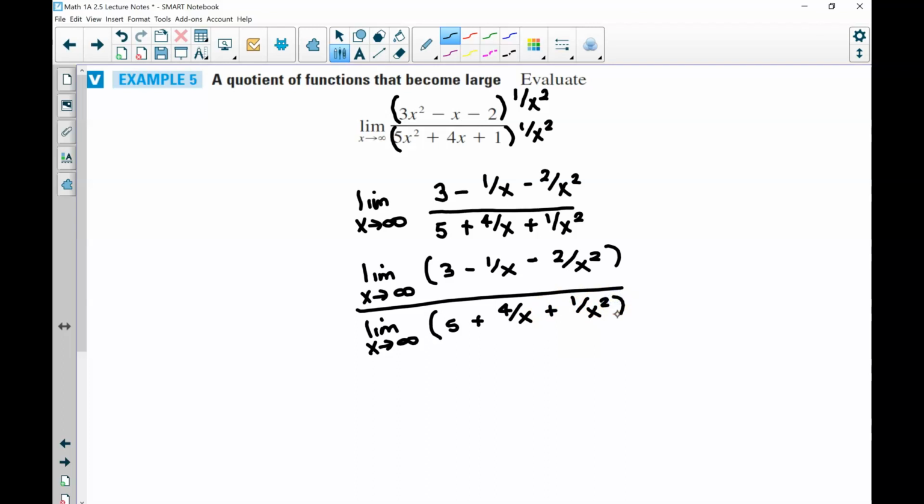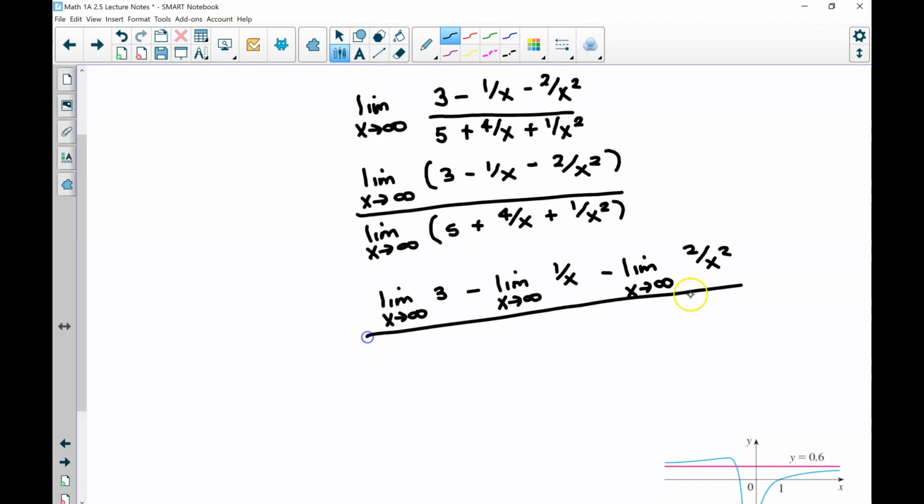Now we apply our limit rules again. This becomes the limit as x approaches infinity of 3, minus the limit as x approaches infinity of 1 over x, minus the limit as x approaches infinity of 2 over x squared.